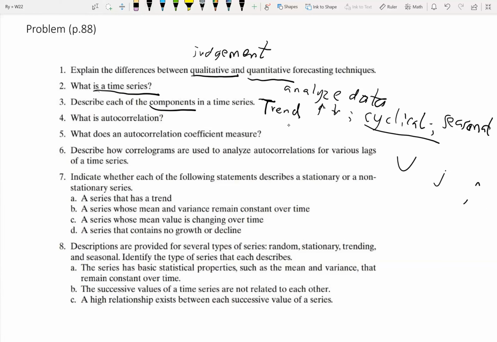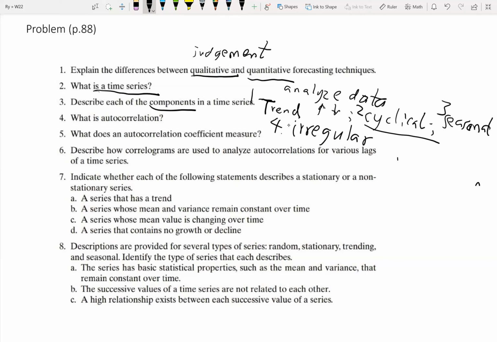Okay. So those are the components: 1, trend; 2, cyclical; 3, seasonal. The last one is actually the irregular part. Irregular means the part of the time series remaining after other components have been removed.